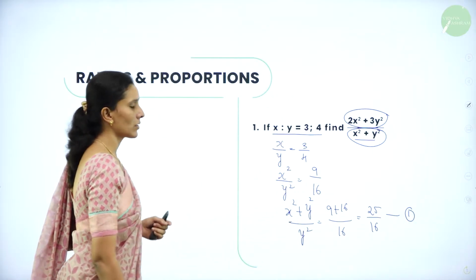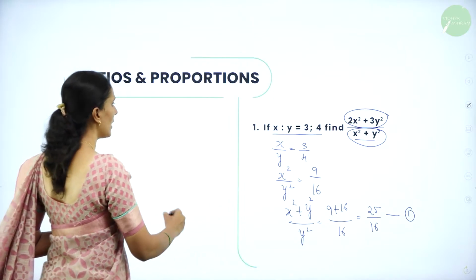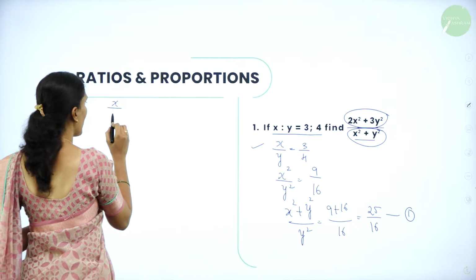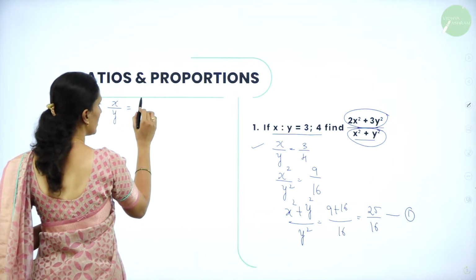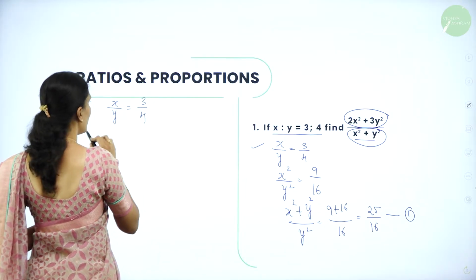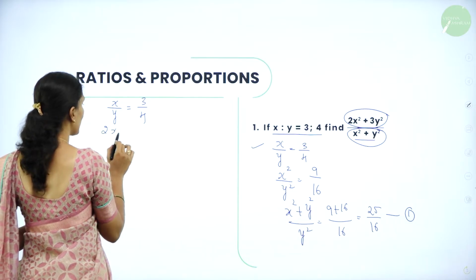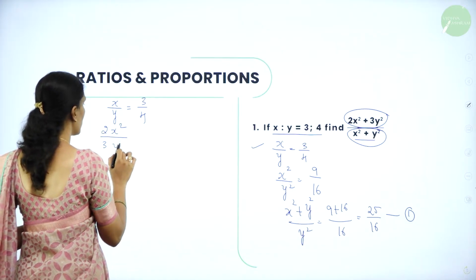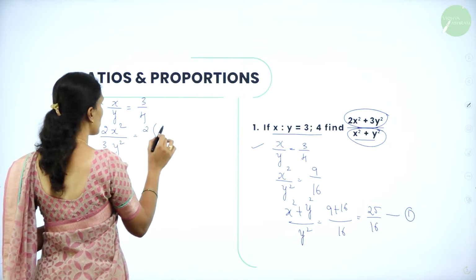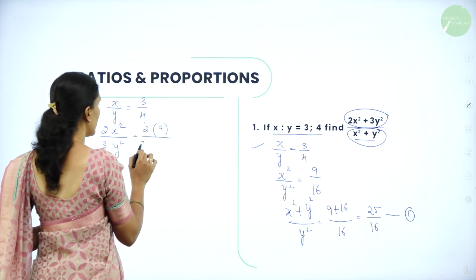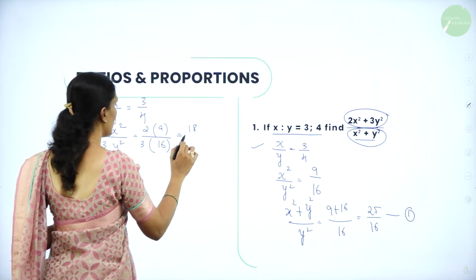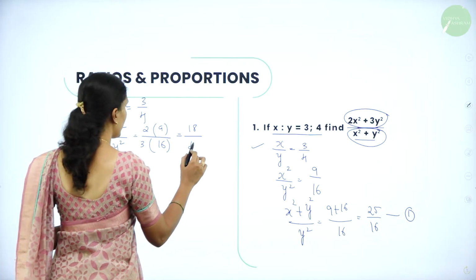Next, I need 2x square plus 3y square. For that, I'll take the same equation. Here I have x by y is equal to 3 by 4. Let me take 2x square divided by 3y square. So 2 into x square is 18, 3 into y square is 48.